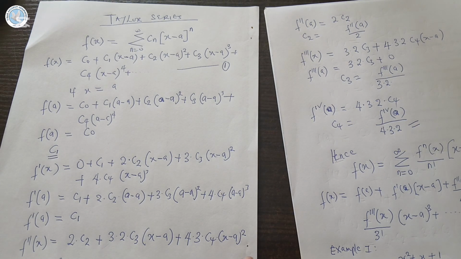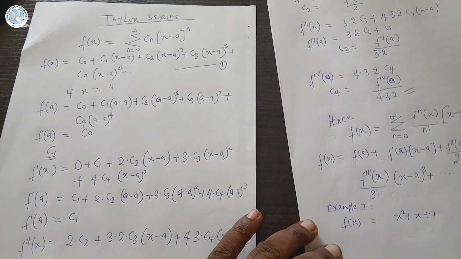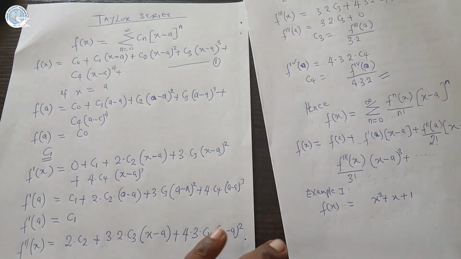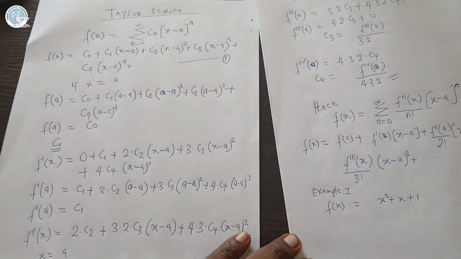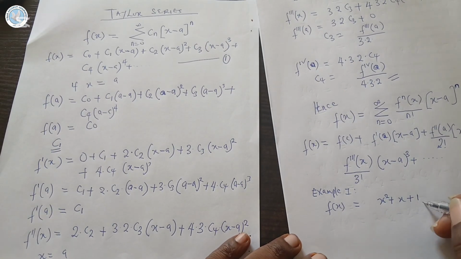Carrying out the Taylor series of this, we first of all look at the coefficients. So how are we going to do this? We're going to look at this at x equals 1.